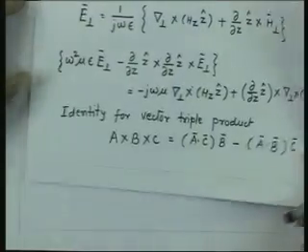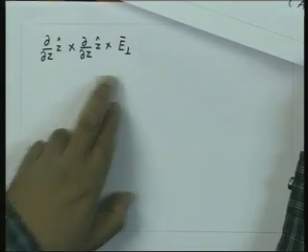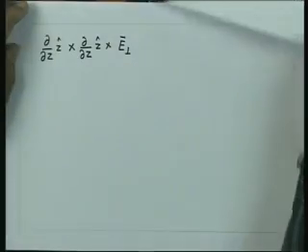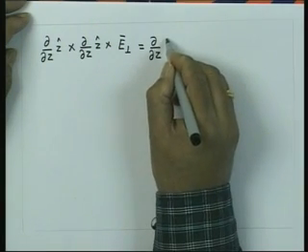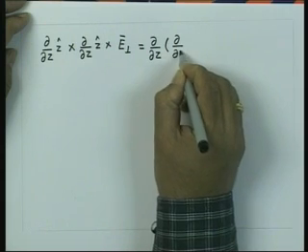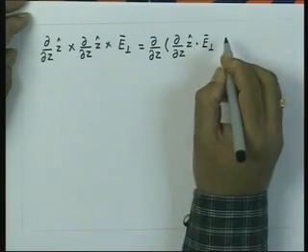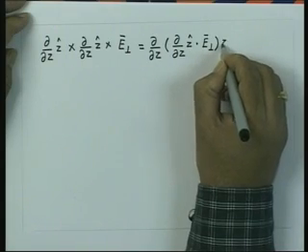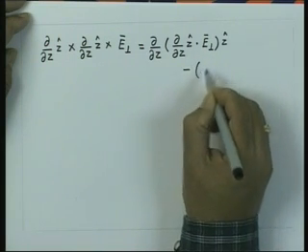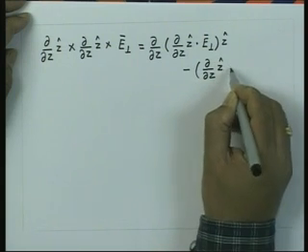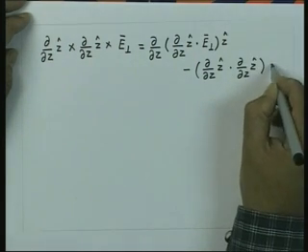Using the vector identity, I get A dot C B minus A dot B C. So, we can write this as d by dz of d by dz z dot E transverse times z, minus d by dz z dot d by dz z times E transverse.